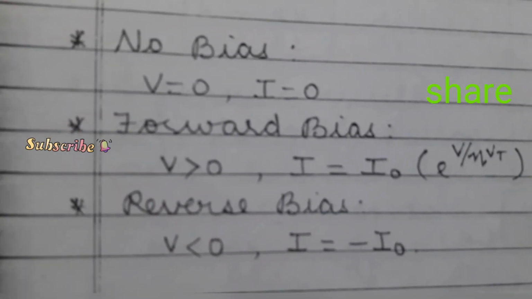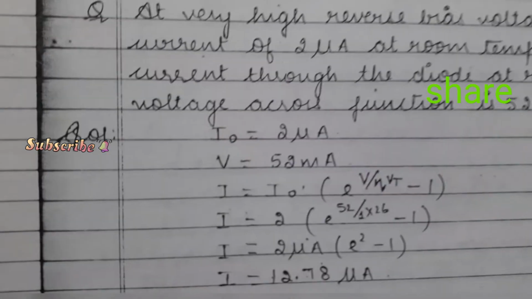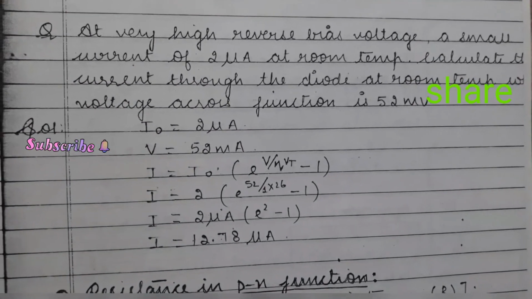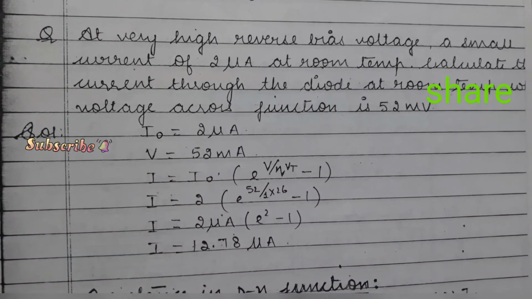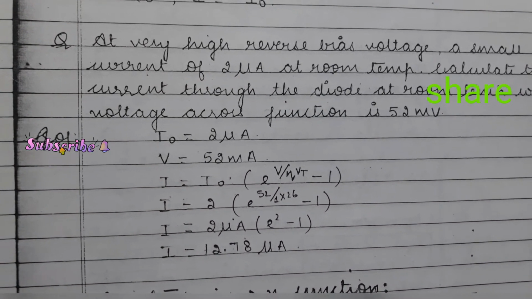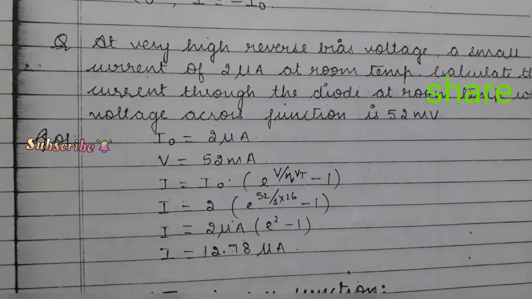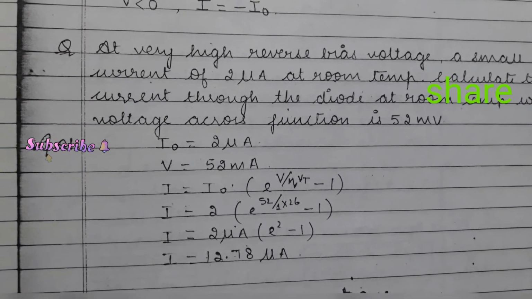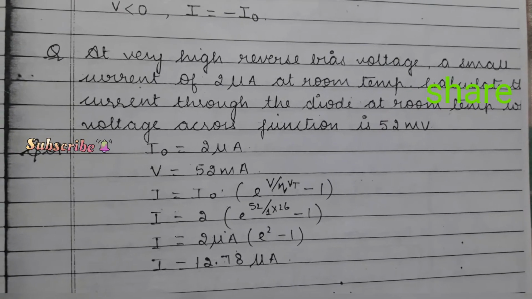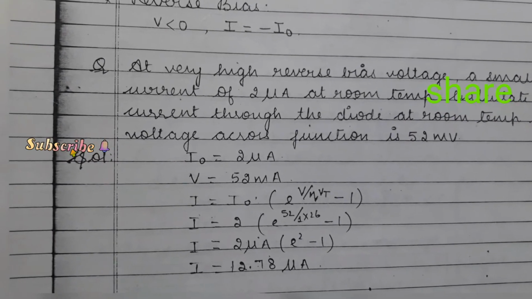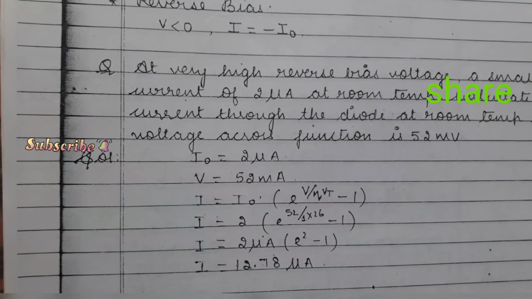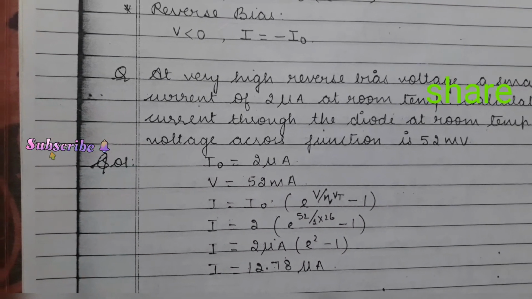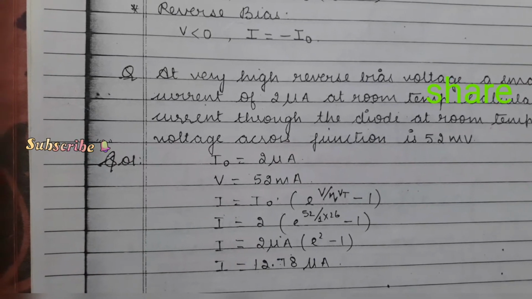Now we discuss one solution of this question. At very high reverse bias voltage, a small current of 2 microampere flows at room temperature. Calculate the current through the diode at room temperature when the voltage across the junction is 52 millivolt.